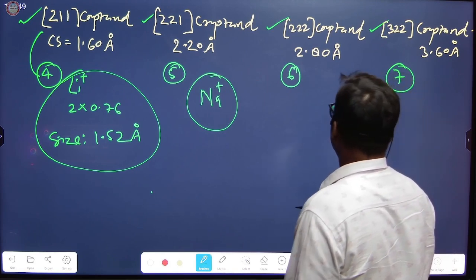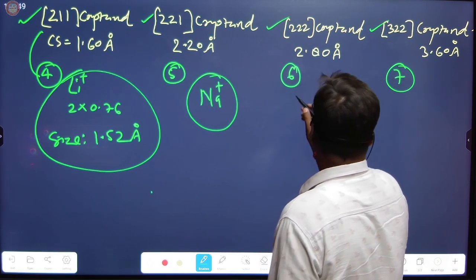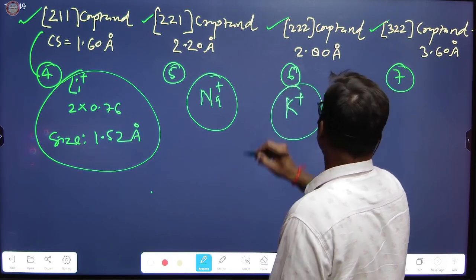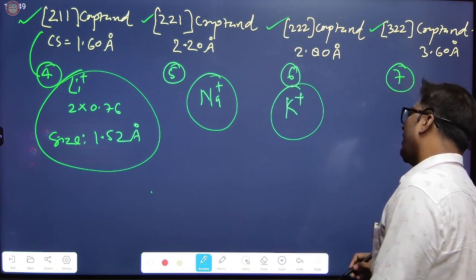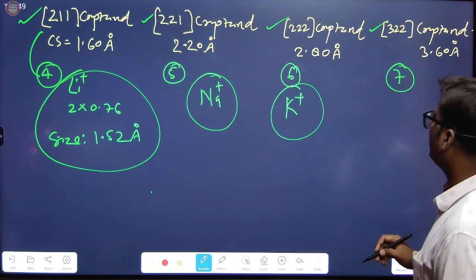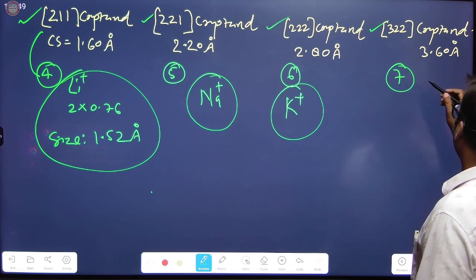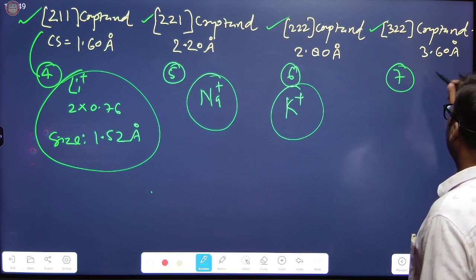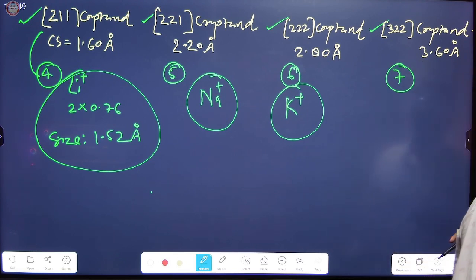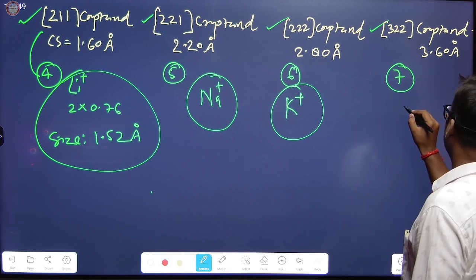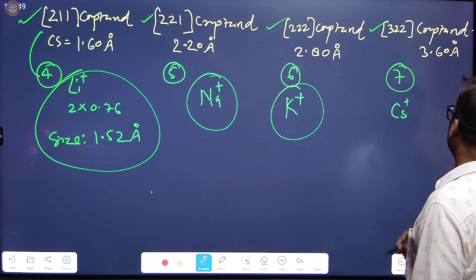So it can encapsulate potassium ion effectively in the structure and stabilize the complexes, right? And the fourth one is a structure having 7 ethereal oxygen groups and its size is 3.6 angstrom. So it can bind even rubidium, even cesium plus also, right?